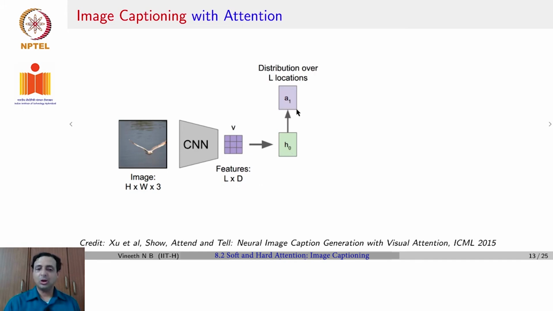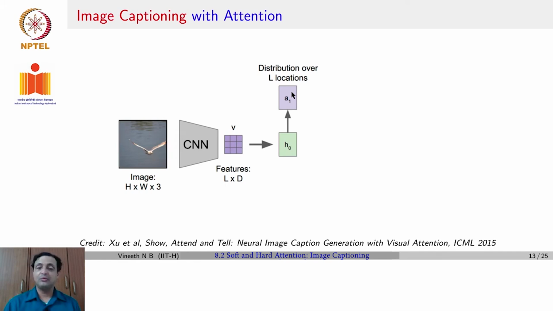So, H0, in addition to, let's assume, a start token, receives this feature map as input, and H0 gives, this time, a distribution over locations. Recall, we just said that an RNN outputs a distribution over a vocabulary.